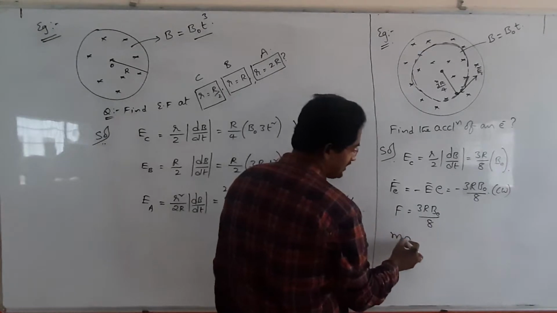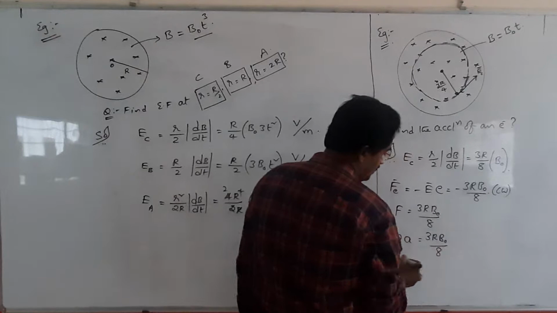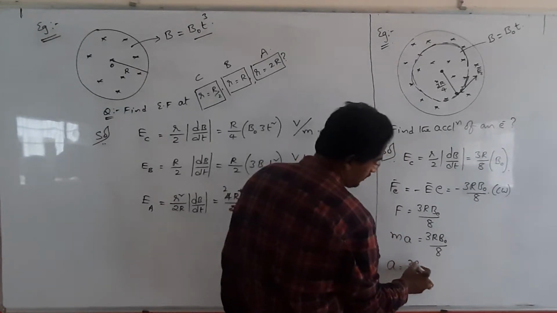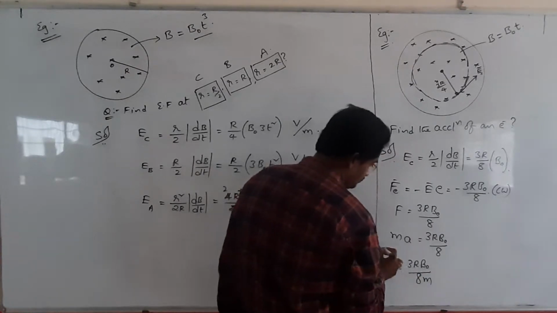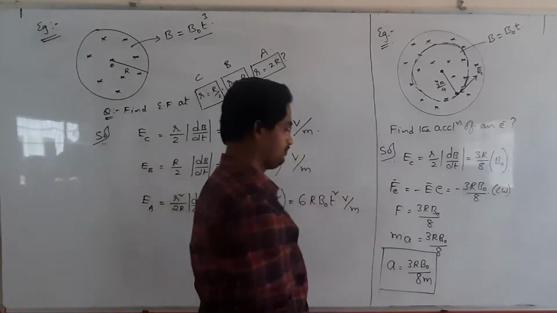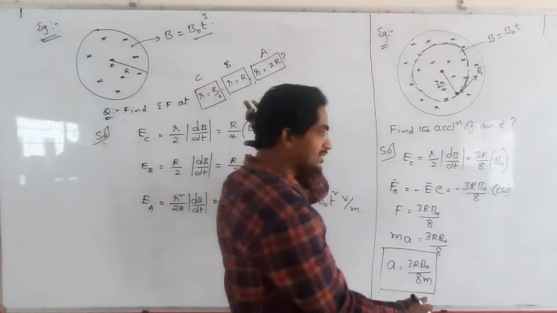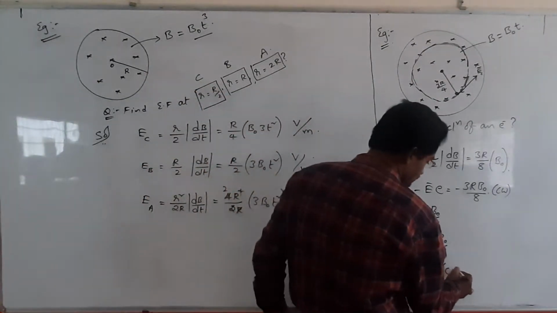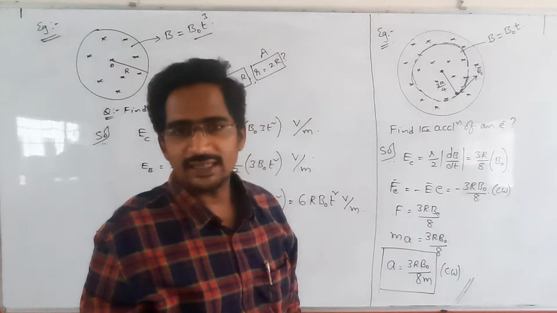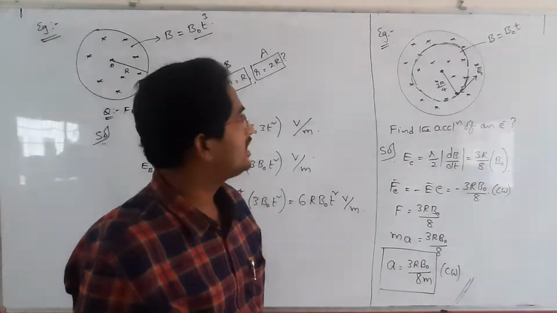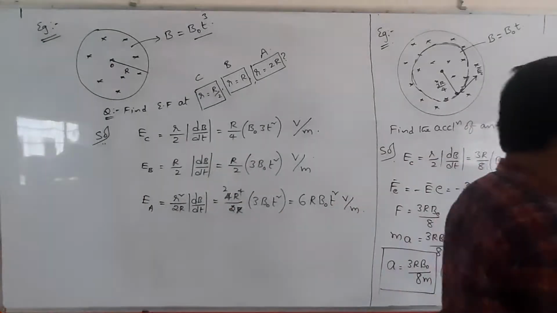Then writing this as ma, equal to 3R B naught by 8, then a equal to 3R B naught by 8m. That is the acceleration of an electron in clockwise direction. Okay. So with that, the problem is over. Next example problem.